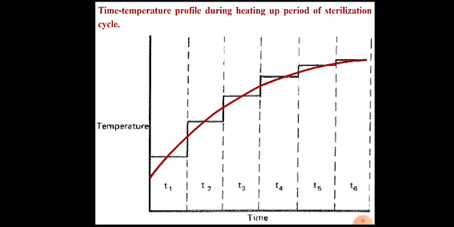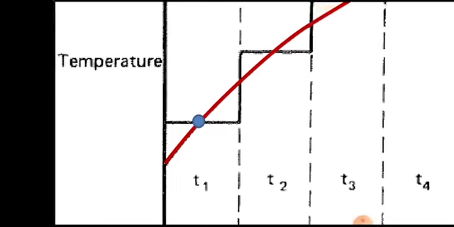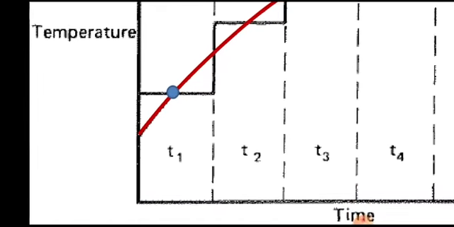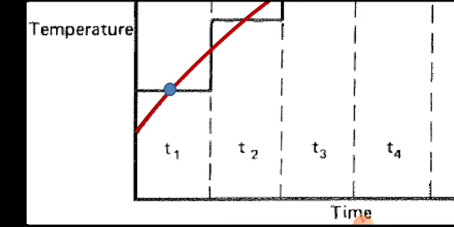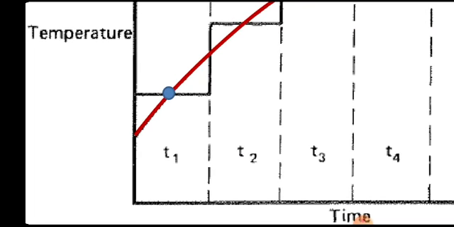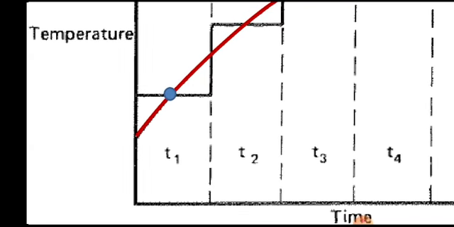Now the next part is how to calculate the Del factor. For each time increment, say for example T1, the midpoint temperature for T1 is recorded as shown in the figure. Can you see? This is T1, midpoint of T1, and the corresponding temperature on the y-axis.